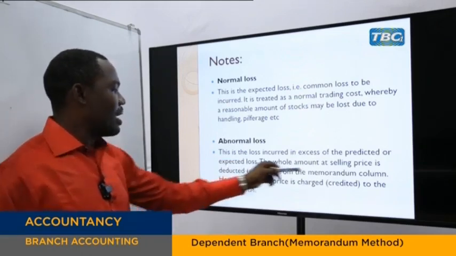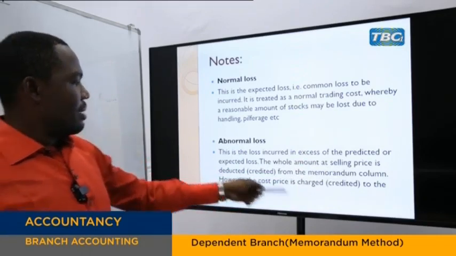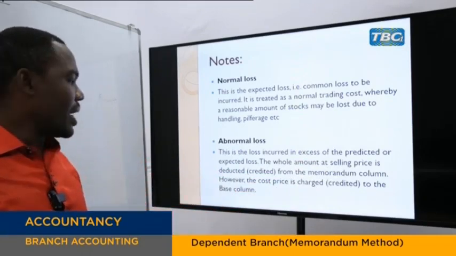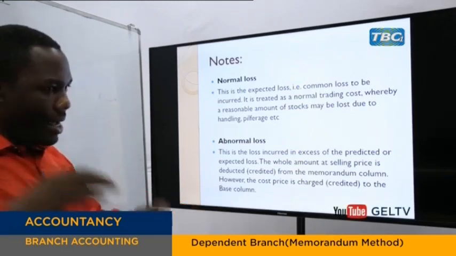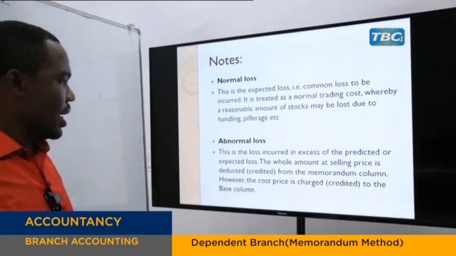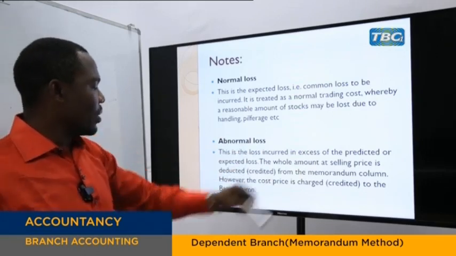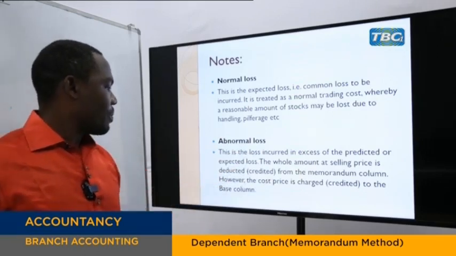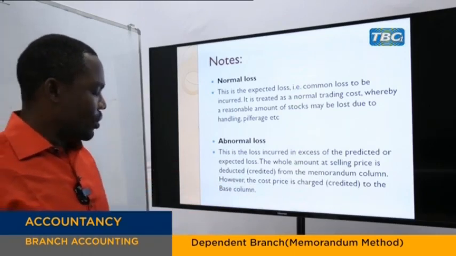With this, the whole amount at selling price will be credited in the branch stock account under the memorandum column, whereas the cost price under this method will be credited to the base column. So why do we do this? To give attention to the cost in the base column, and that will reduce the total profit.